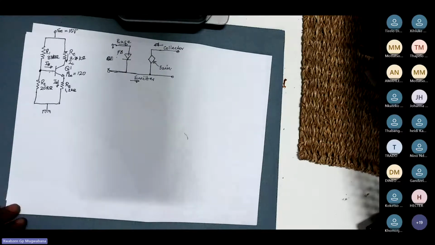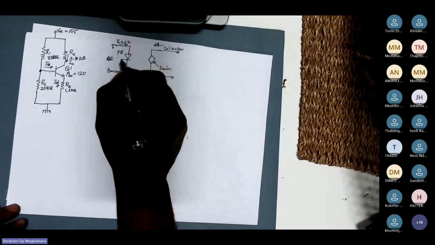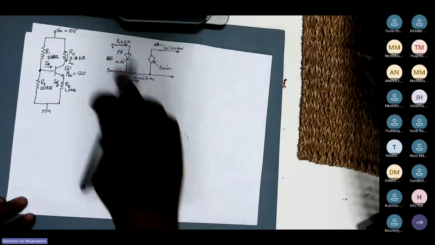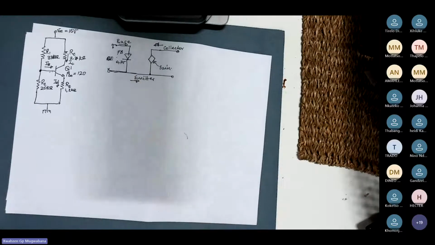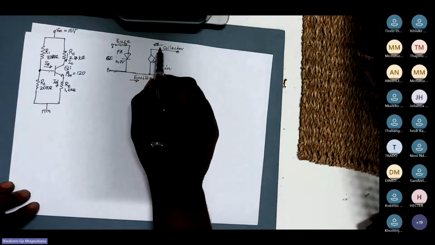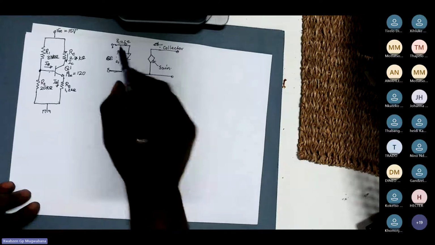When it is in forward bias mode, it will generate a barrier potential of 0.7 volts.